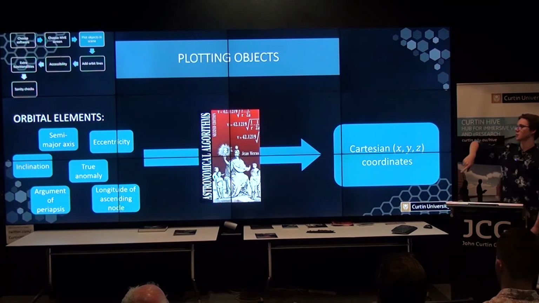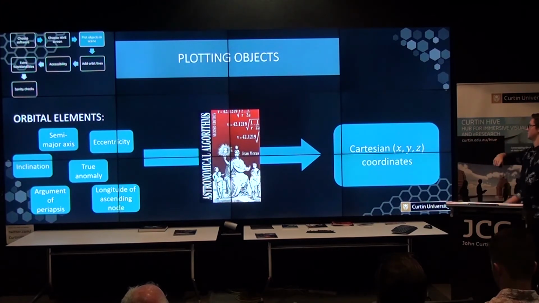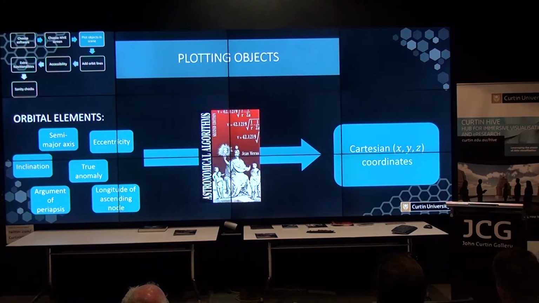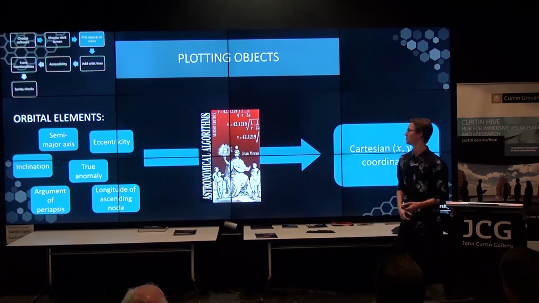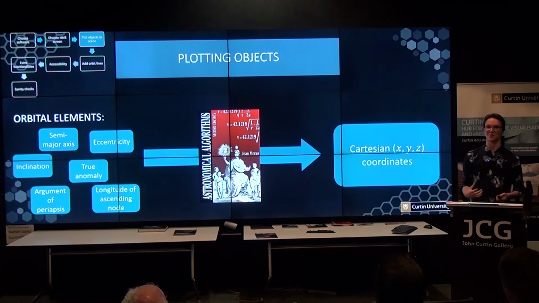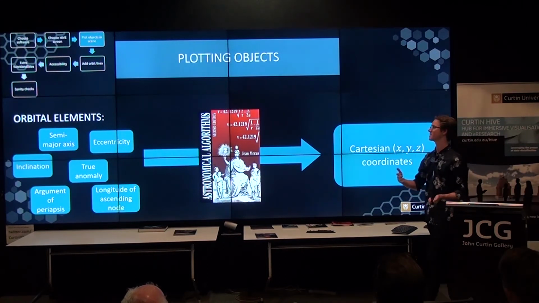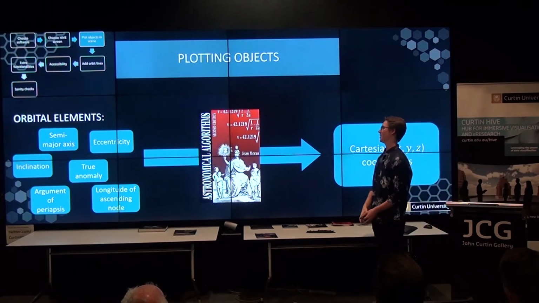So you can convert those 6 orbital elements, which describe the ellipse, into exact XYZ Cartesian coordinates at a given point in time via the methods described in this really helpful book here. I did a way too big circle for that, but that book is really helpful, and it's well established since like 1998.